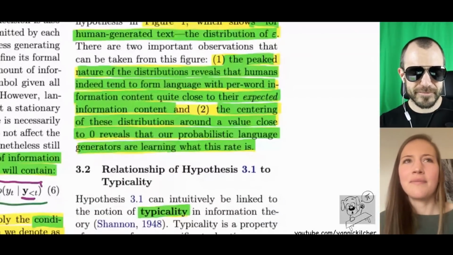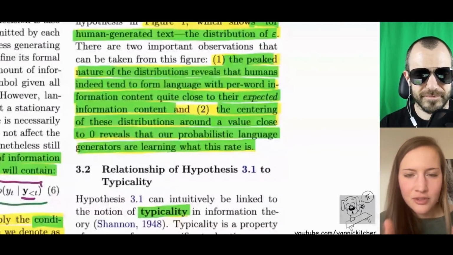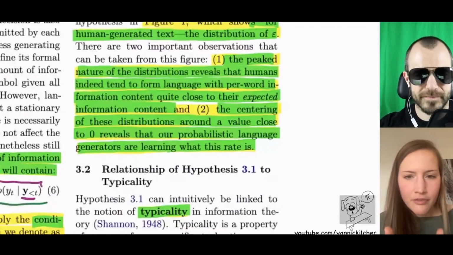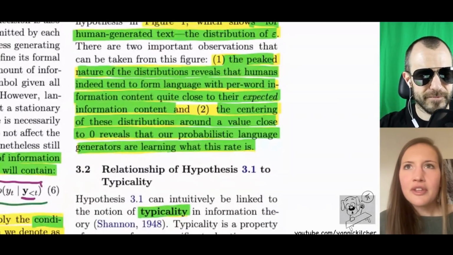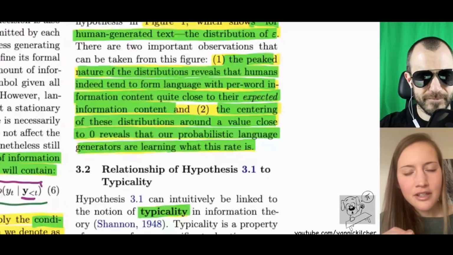Well, I think the point we wanted to get across was really that two things should be looked at in these graphs: the centering of the graph and also the shape of the graph. And I think there is an assumption that has to be made here.